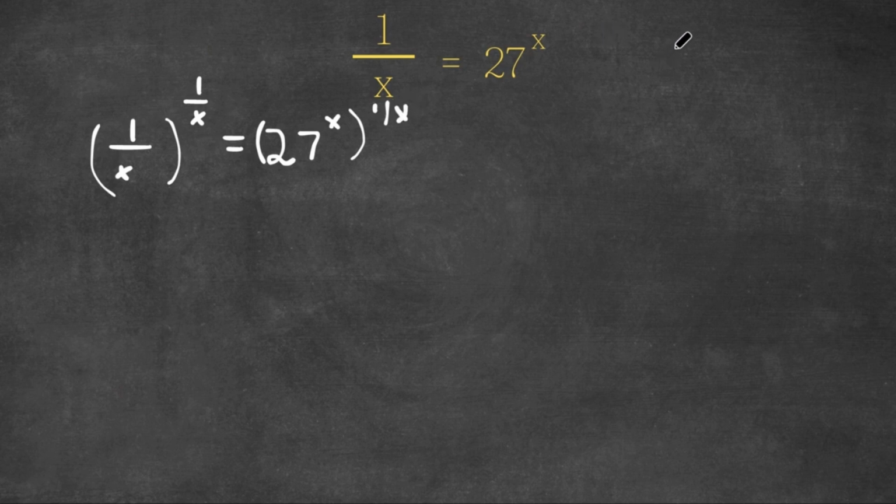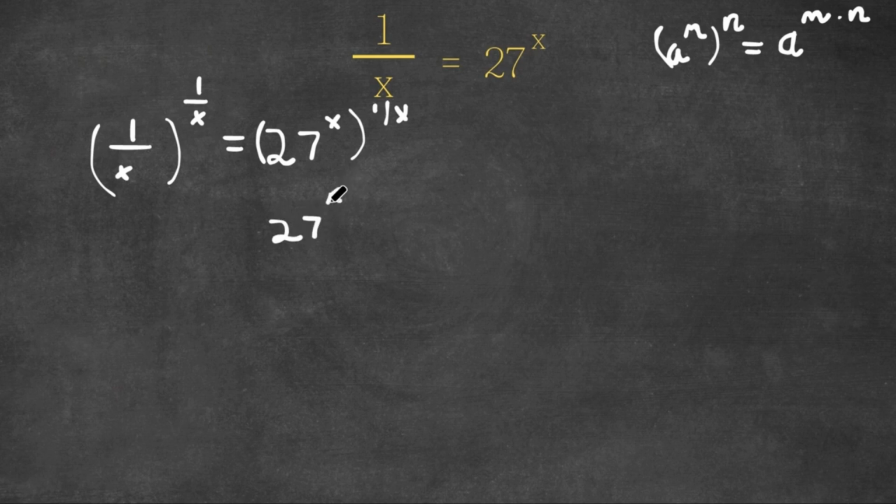Now, if we have something in the form (a^m)^n, this is simply equal to a^(m times n). So as you can see here, we have 27 to the power of x to the power of 1 over x. This would equal 27 to the power of x times 1 over x.